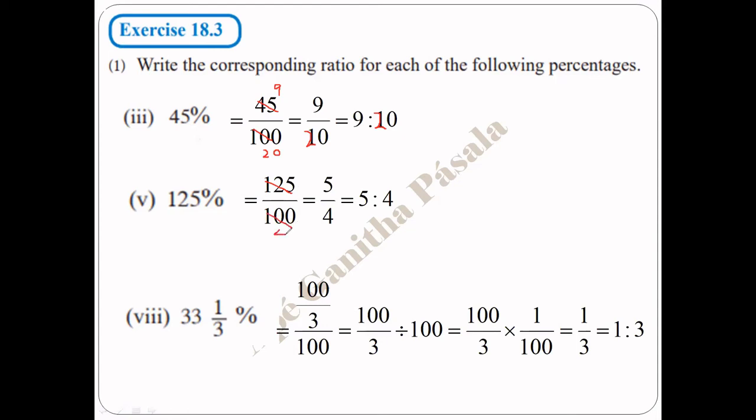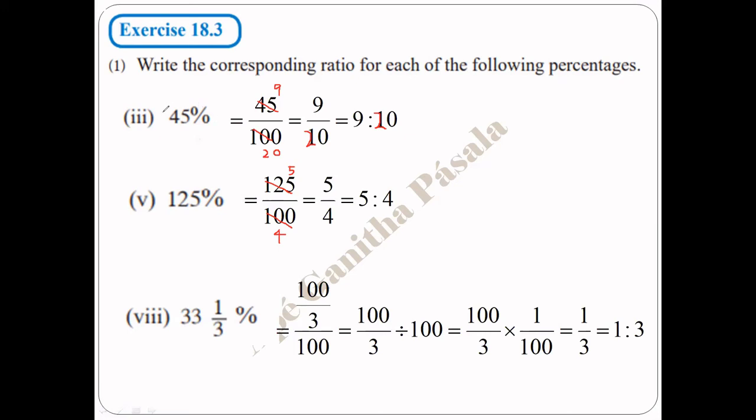For 125 there are 5 25s. So 5 over 4 is the fraction. The numerator is the left hand side of the ratio. Denominator is the right hand side of the ratio. So 5 over 4 can be written as a ratio as 5 to 4.